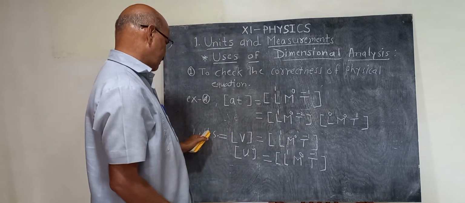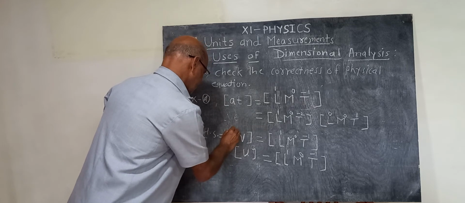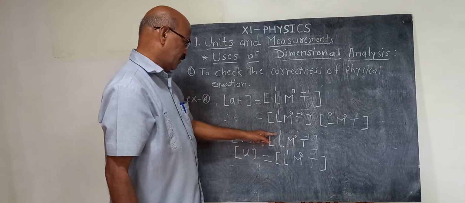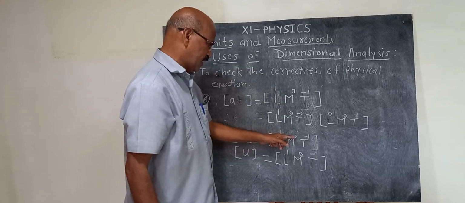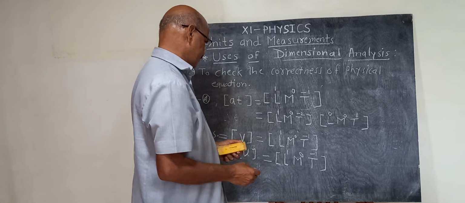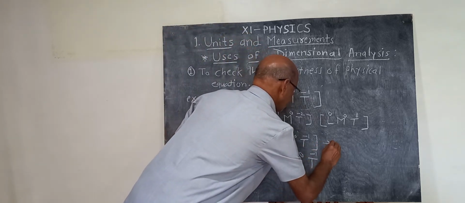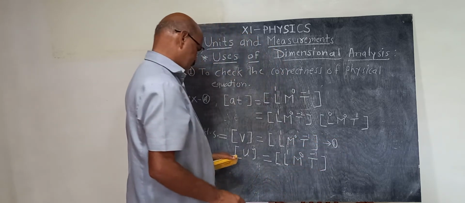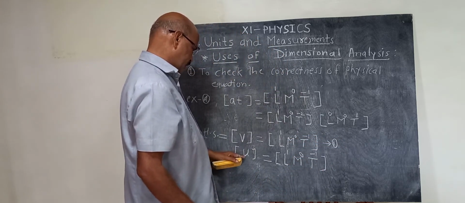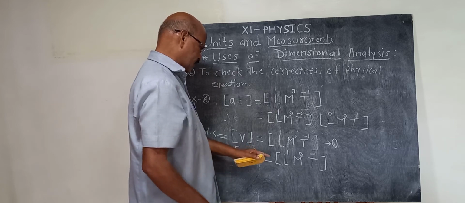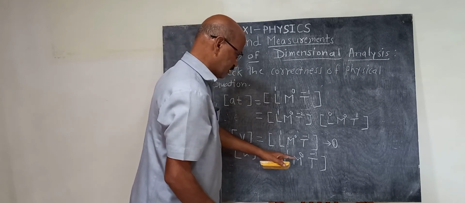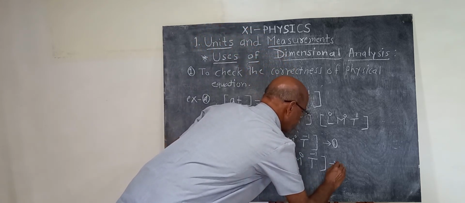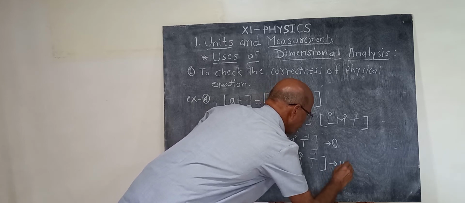On the LHS, the dimensions of velocity V are 1 in length, 0 in mass, and minus 1 in time. Suppose this is equation number 1. Dimensions of initial velocity on the RHS are 1 in length, 0 in mass, and minus 1 in time. This is equation number 2.